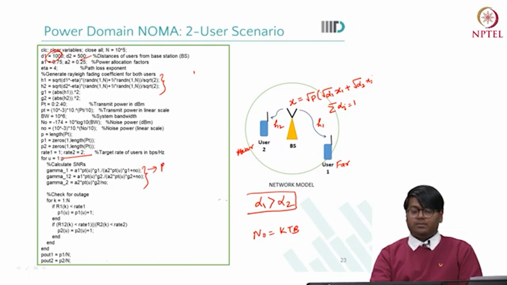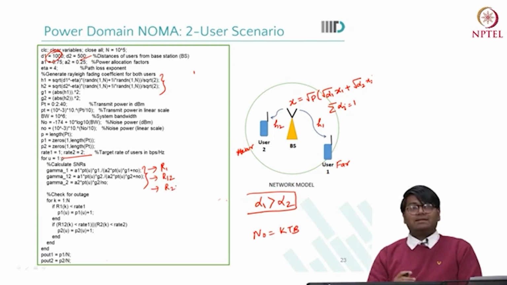You can easily compute R1, the rate associated with user 1, and the rate associated with decoding the user 1 signal at user 2 is defined by R12. Then from gamma 2, or the SNR associated with user 2, we can compute the rate associated with user 2.